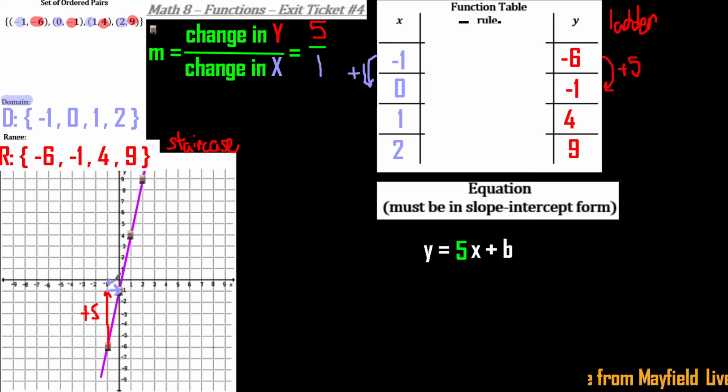And I can see that that was 1 step to the right. And so that is building that first step. So this staircase should be formed by the repeated pattern that we have. So again, I should be able to go 5 steps up, 1 step to the right, 5 steps up, 1 to the right for each of my ordered pairs.